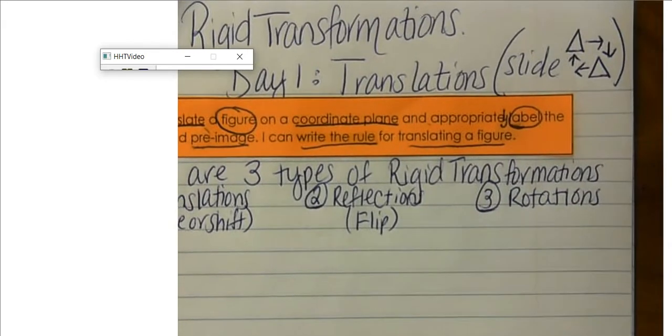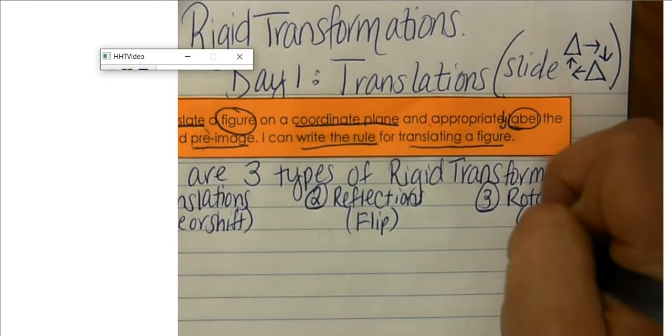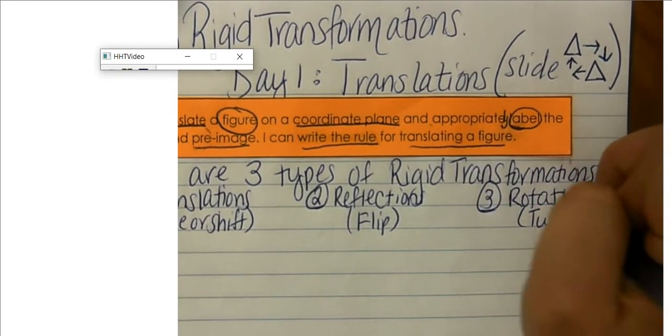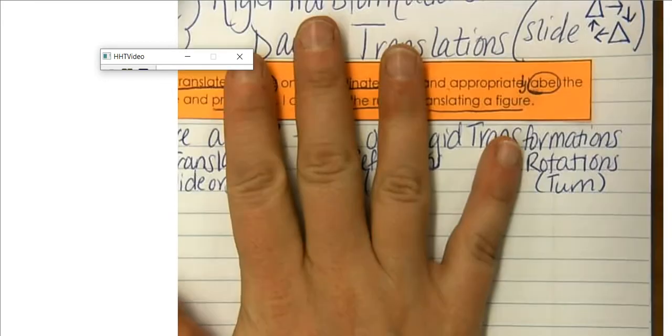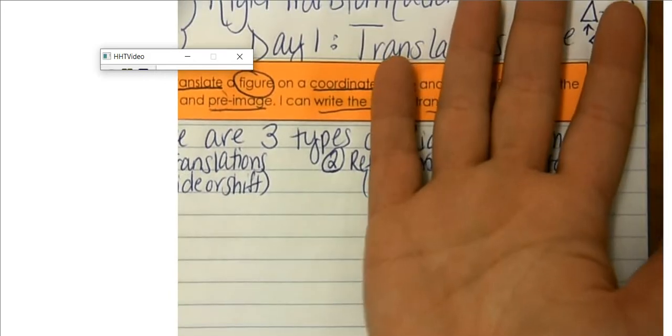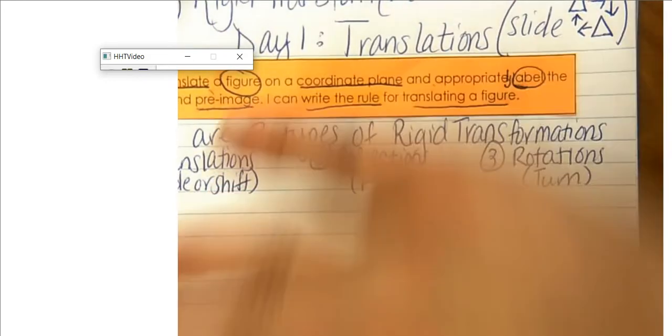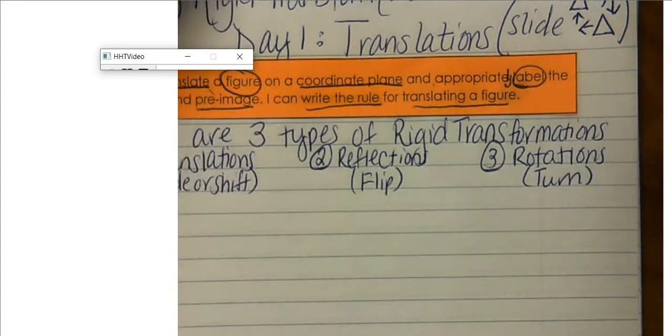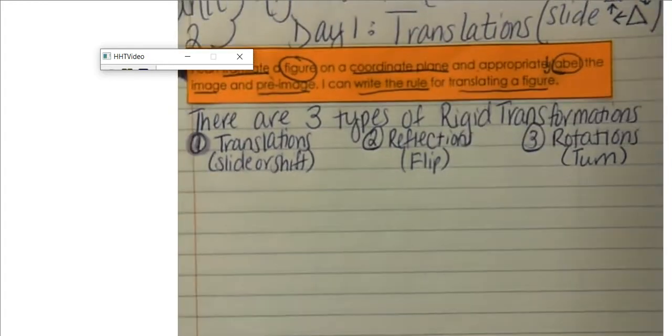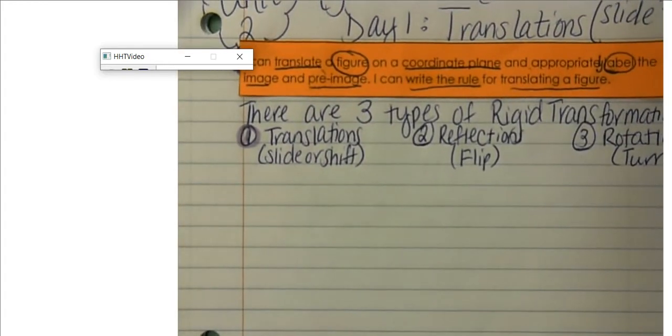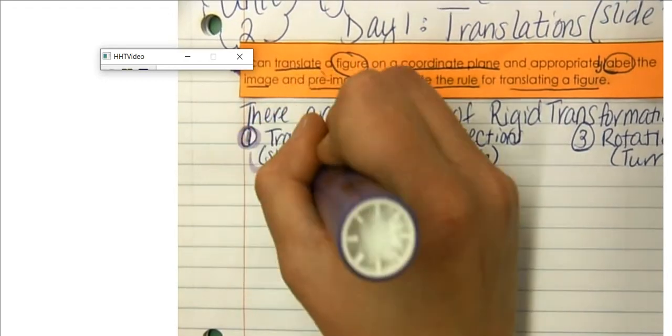Rotations are where you turn a figure. So flip is where you would flip it, and turn would mean that you would turn it around so many degrees, around a center of rotation. But like I said, today's lesson is all about translations today.